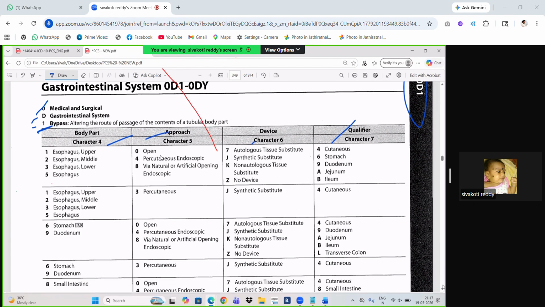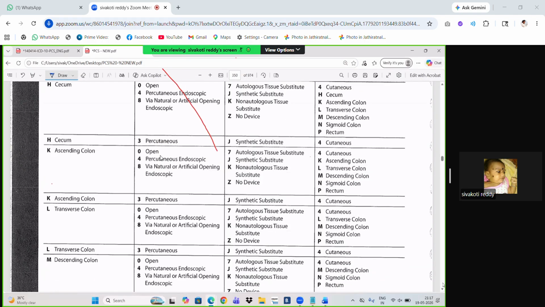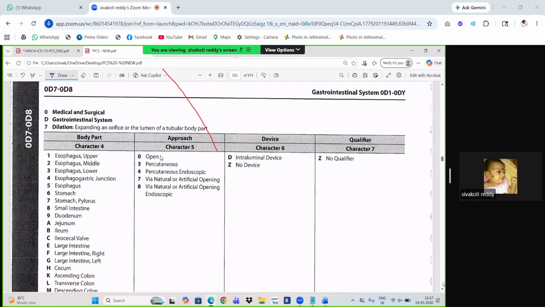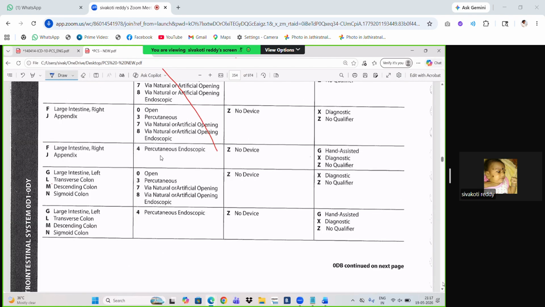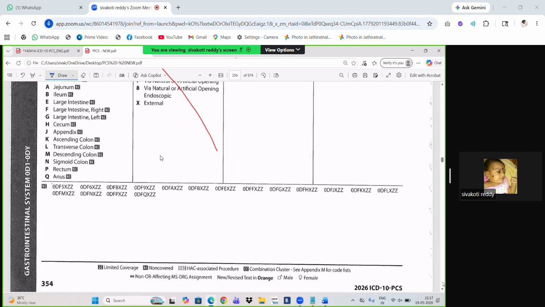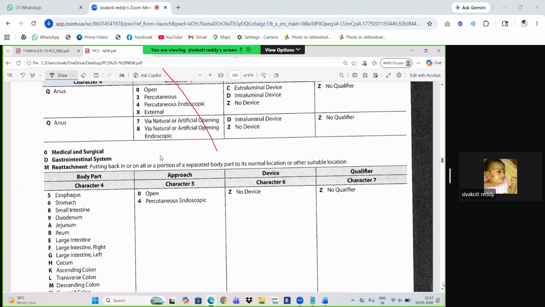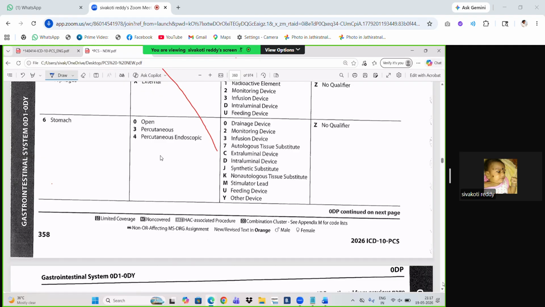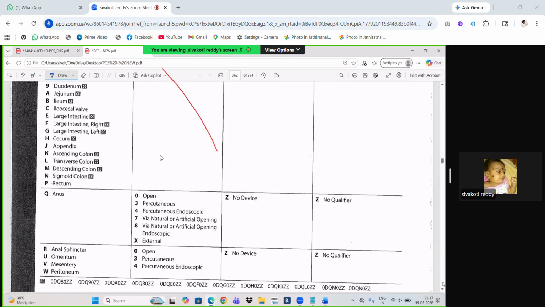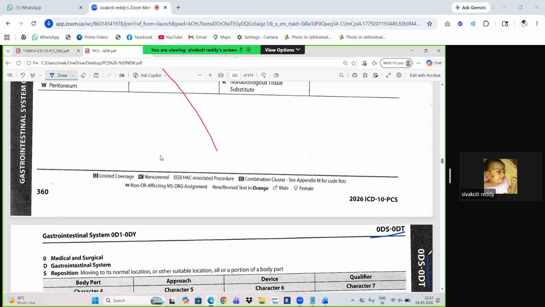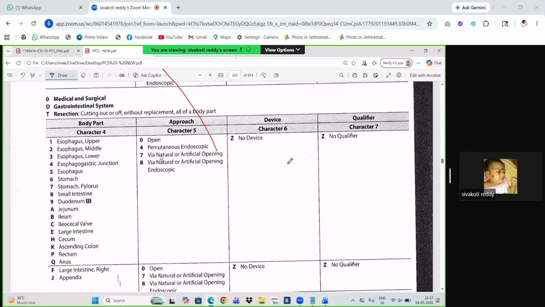Check at the side: 0D1, 0D5, 9, D, C, H, L, N, P. 0DS to 0DT. On this page, I will get 0DTJ. 0DS, 0DT.